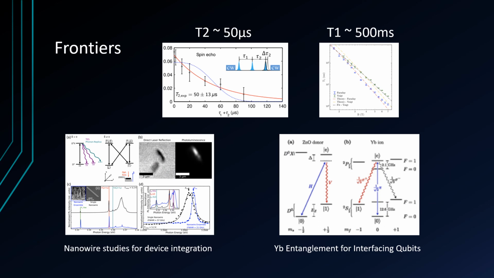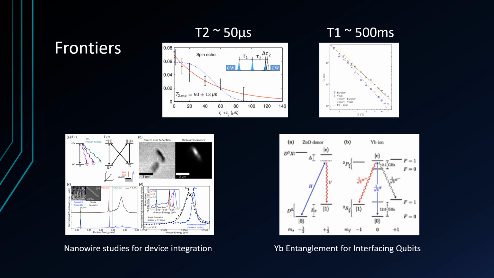The best studies to date have gotten cryogenic bulk zinc oxide donor coherence up to Hahn-echo dephasing time T2 of 50 microseconds and spin relaxation time T1 of 500 milliseconds. The Fu group recently took measurements of spins in zinc oxide nanowires and found their qubit potential to be not so shabby even compared to the bulk qubits.